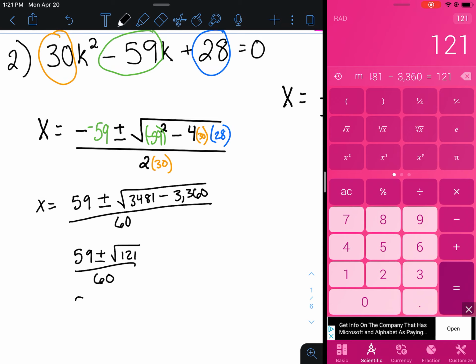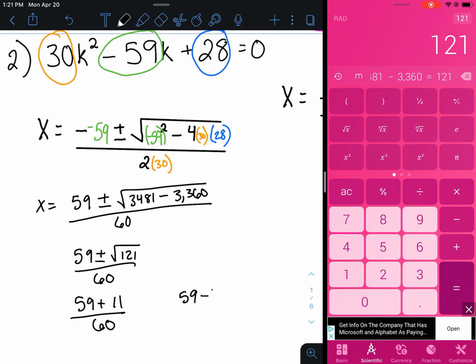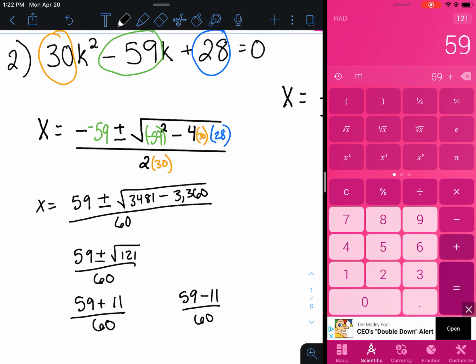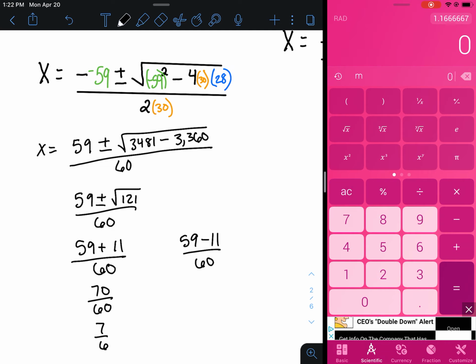Well, I know the square root of 121 is 11, so that means I have 59 plus 11 all divided by 60, and I need to figure out 59 minus 11 all over 60. 59 plus 11 is 70, and I divide by 60, so we had 70 over 60. If I reduce that, that gives me 7/6.